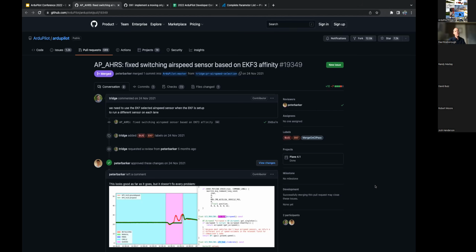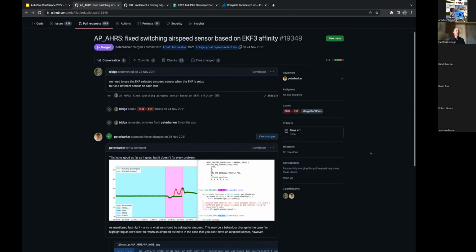The affinity feature means that you can assign airspeed sensor 1 to the first EKF and a second airspeed sensor to the second. That has the benefit that if one of your pitot probes becomes blocked, you get large innovations, which can cause a lane switch. Then you've got the active lane, and this enables the control loops.